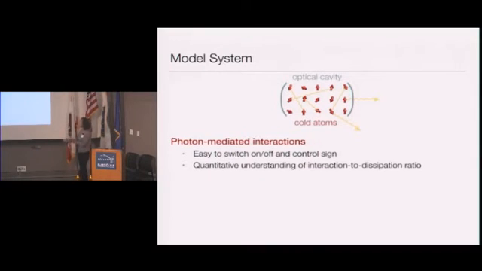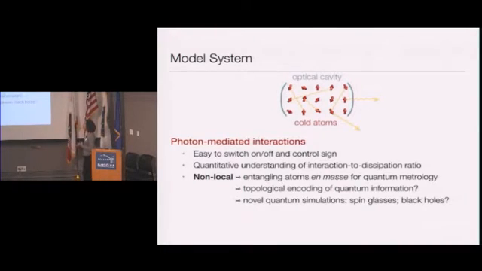Okay, so why do I like this model system? We're going to have a system of cold atoms that can interact essentially by exchanging photons, talking to each other via a light field in an optical cavity. And this gives us a type of interaction that is easy to switch on and off and control the sign of. And it gives us a system where we have a very quantitative understanding also of the interaction to dissipation ratio.